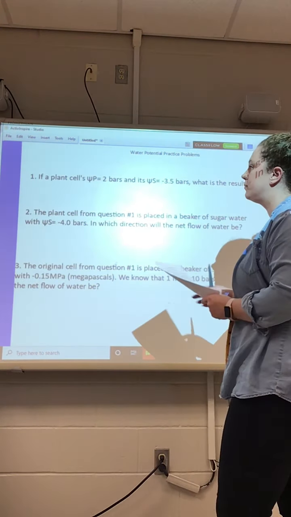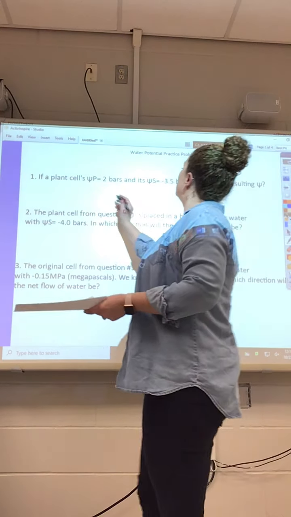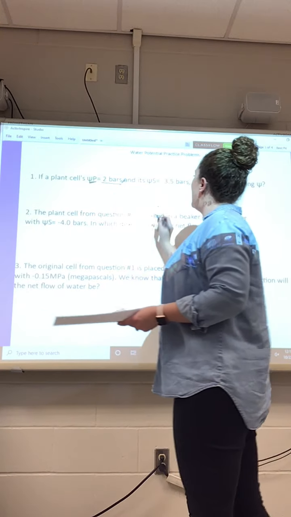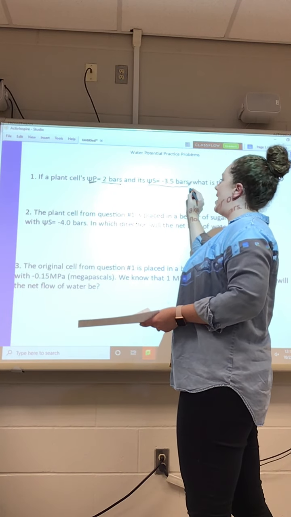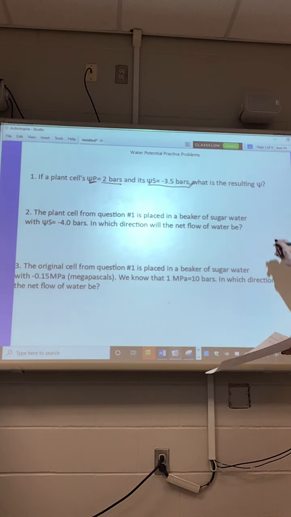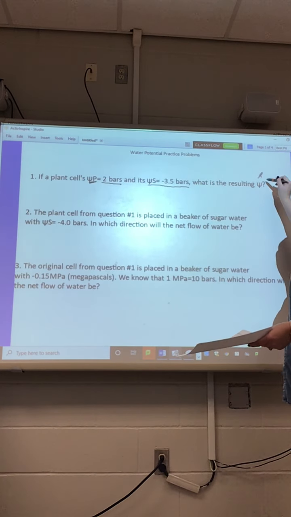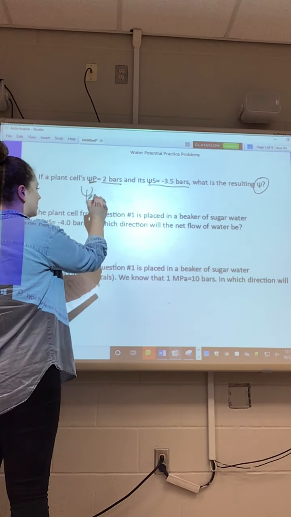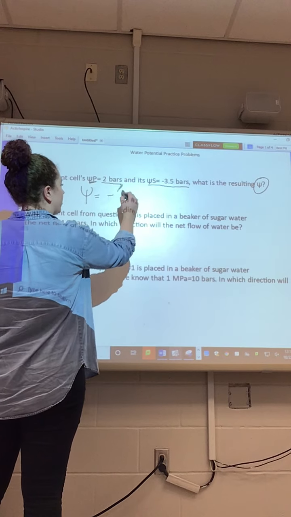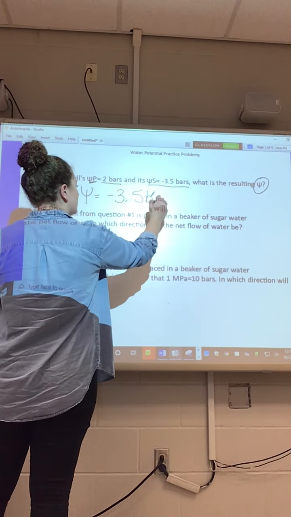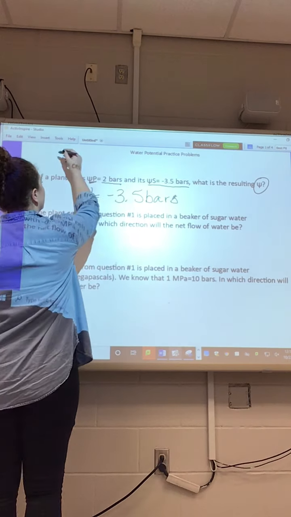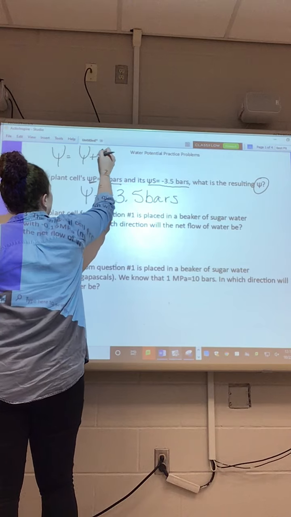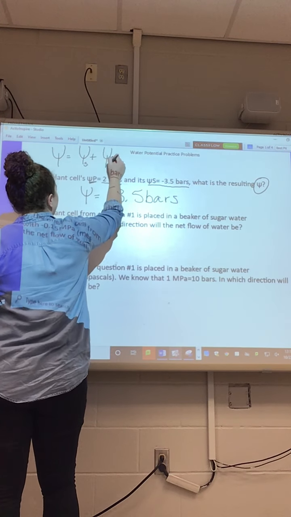So, number one, if a plant cell's pressure potential equals 2 bars and its solute potential equals negative 3.5 bars, what is the resulting water potential? So I just put psi equals negative 3.5 bars, because remember, the formula, I'll write it up here, is water potential equals solute potential plus pressure potential.